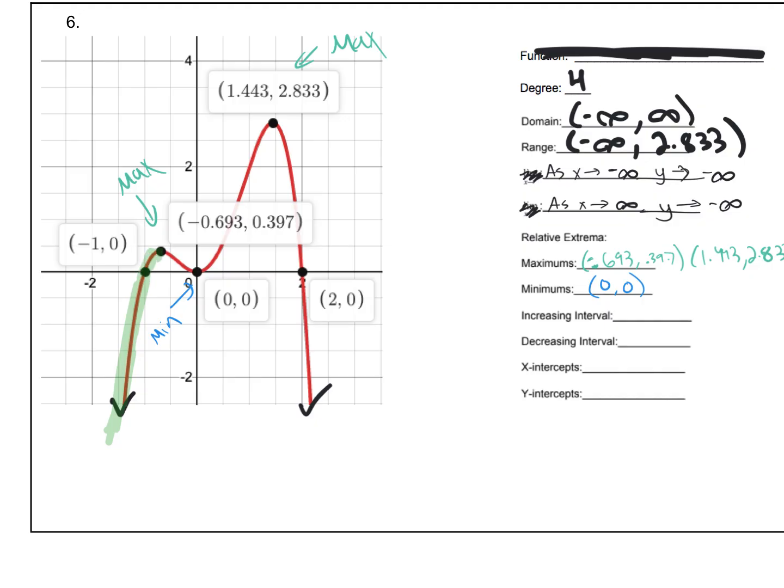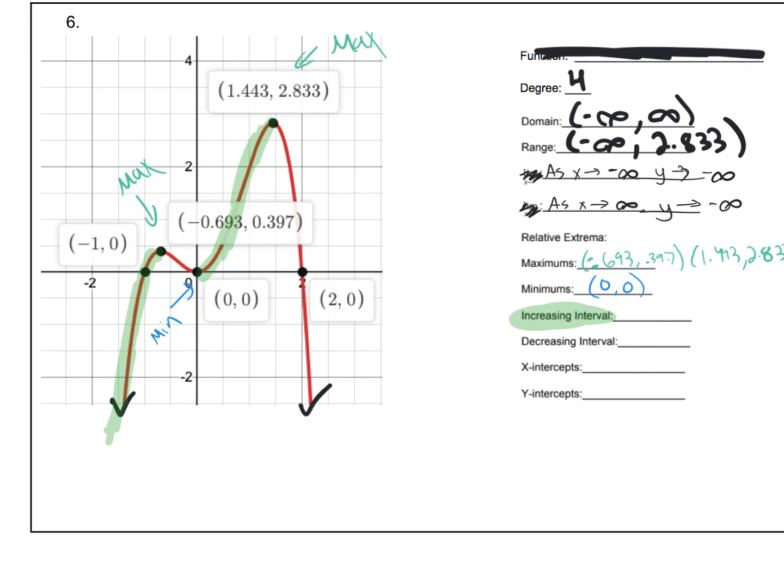Then the second little section here is decreasing as we go down to the second turn. Once we hit the second turn, we start going back up, or increasing, until we hit our third turn, which turns back down and starts decreasing. So really we have the increasing intervals highlighted in green here. The sections of our polynomial function that are not highlighted, those would be considered decreasing intervals.